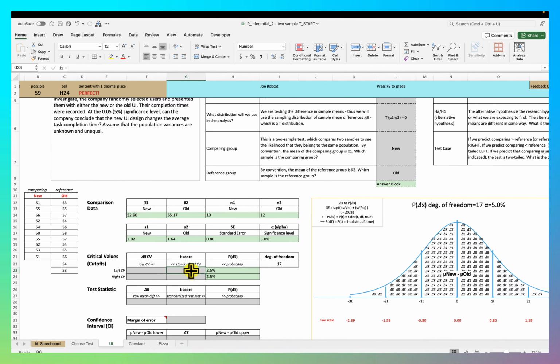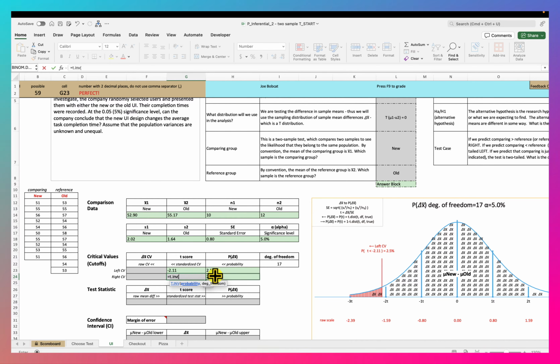All right, so now we calculate the t-score. T.inv, that probability, and there's our degrees of freedom. Same thing here, T.inv, except it's not just that probability, it's 1 minus that probability, because it's on the other side, and the degrees of freedom.